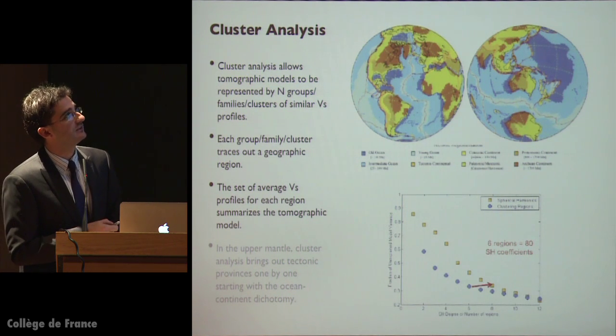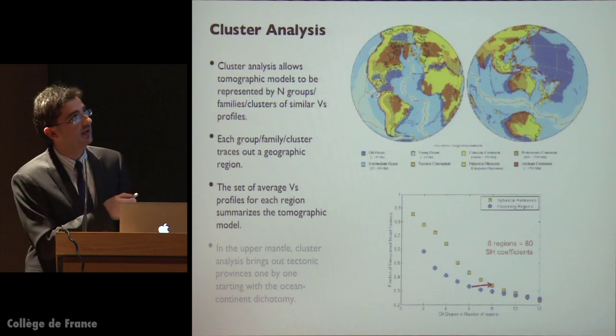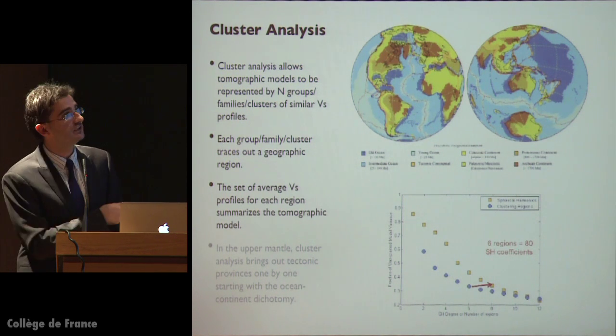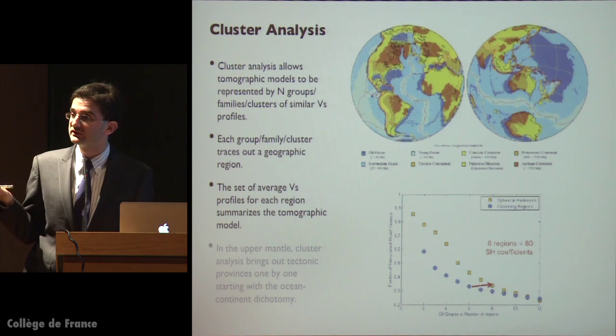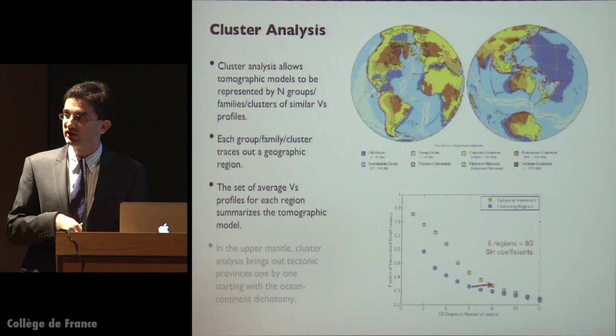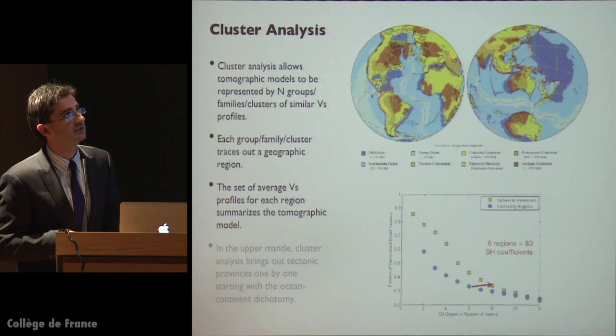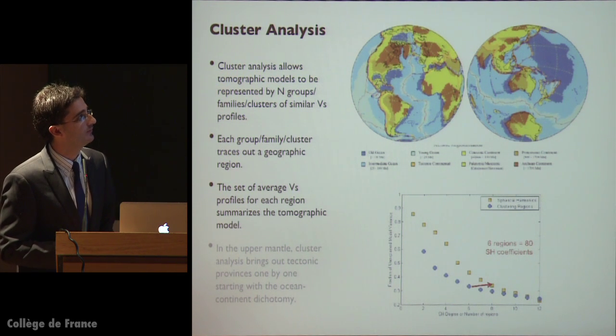And so what this allows us to do is create a map, a regionalization very akin to the regionalization that could be done, for example, based on the ages of surface exposures, or based on heat flow, or however you want to do it.